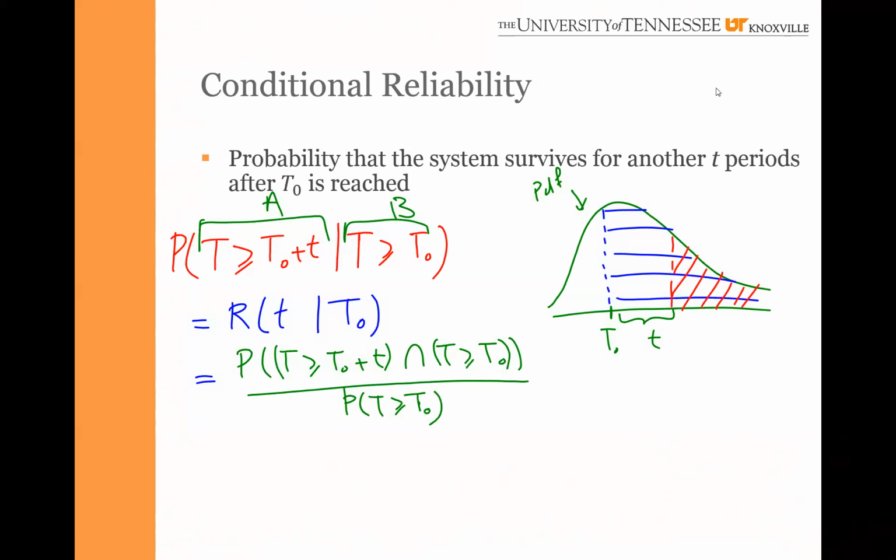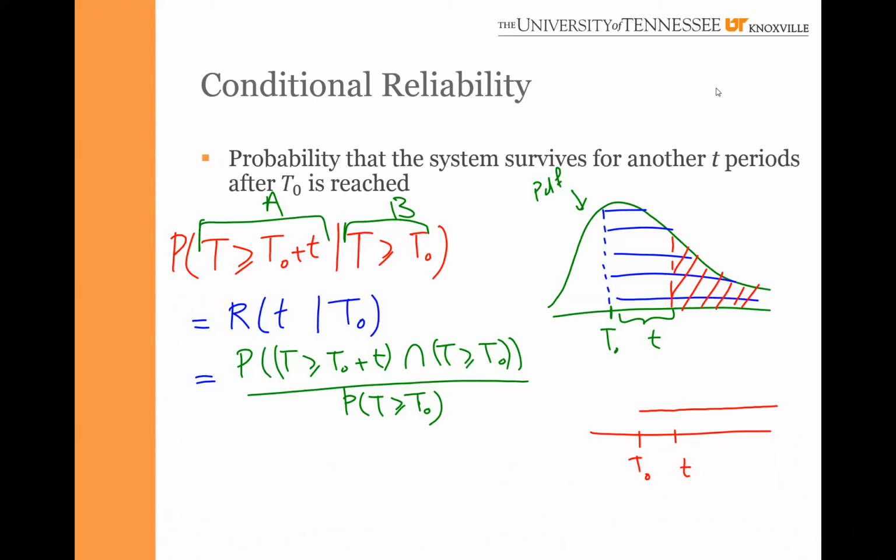Okay, so now let's look at the top events. One event is that time to failure is greater than or equal to T0 plus T. The other one is time to failure is only greater than or equal to T0. So what is their intersection? Think of it this way. I have a T0 and a T, right? One says T greater than or equal to T0.